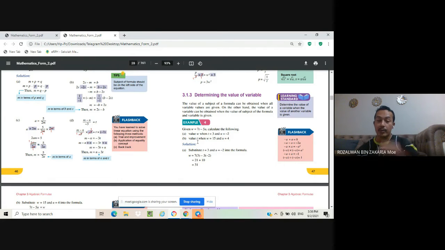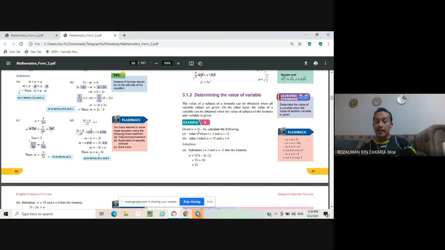So the solution, how to do this? To find the value, we need to substitute the given values. For A, T equals 3, so T here you substitute with 3. Then remember, 7T means 7 multiplied with T.